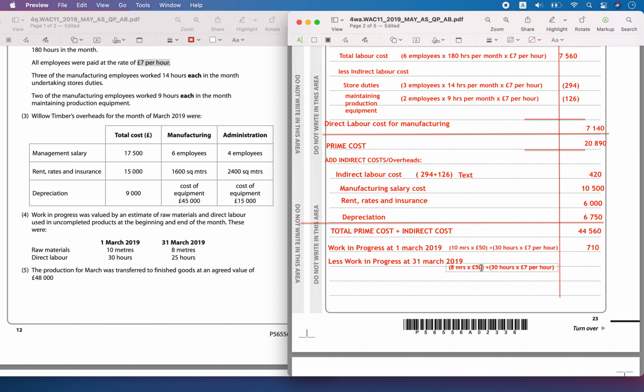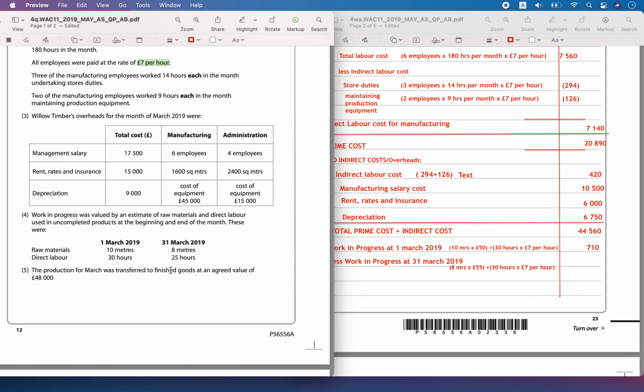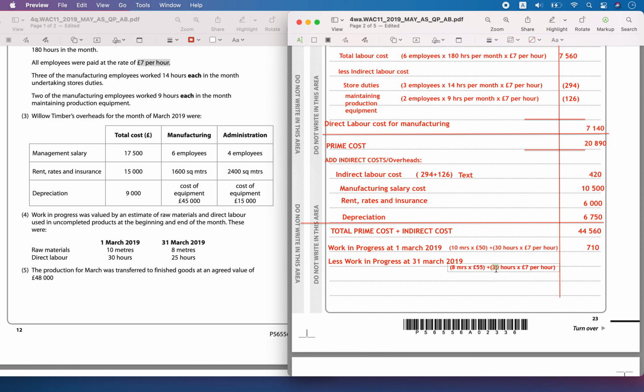So at the end of March it would have become 55 pounds per meter, and their labor is 25 hours, paid at the rate of 7 pounds. Now 8 into 55 plus 25 into 7 is equal to 615.